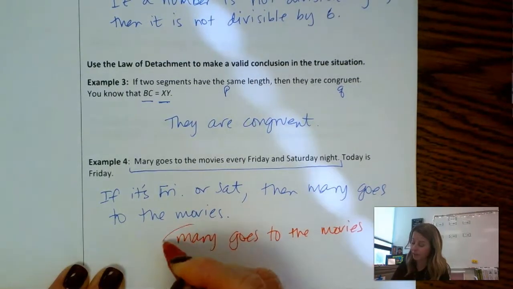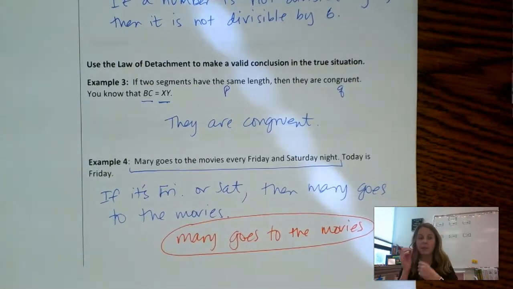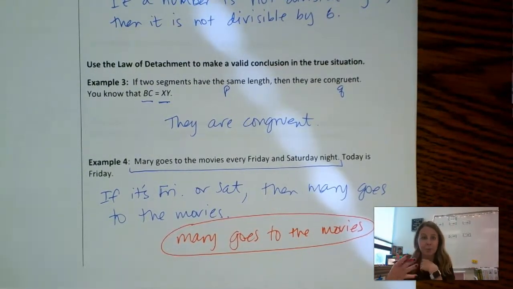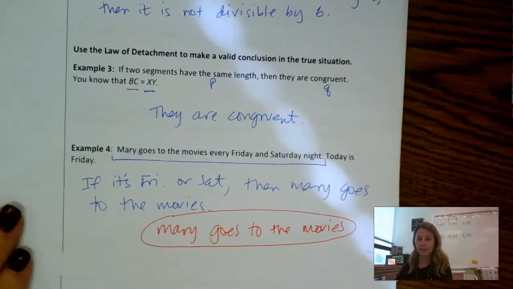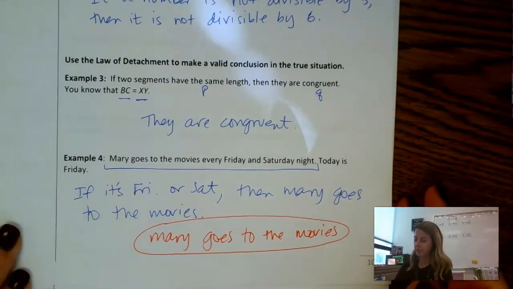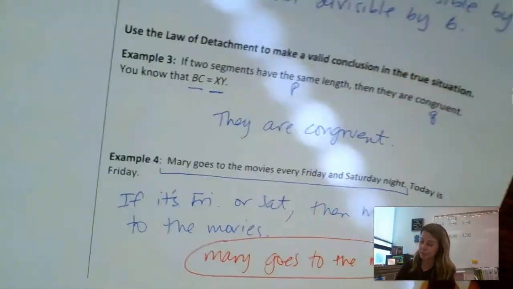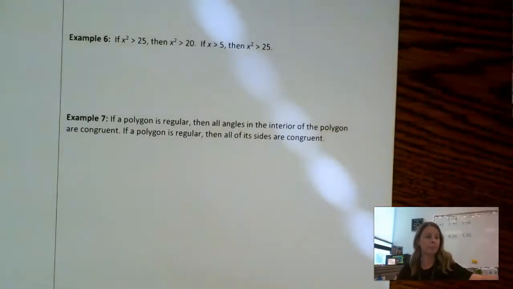That is the law of detachment. Sometimes it just feels too basic and it gets more confusing. If you have an if-then statement and the hypothesis is true, I can detach the conclusion and conclude that to be true as well. All right, that is the law of detachment. Let's take a look at a couple examples on the law of syllogism.